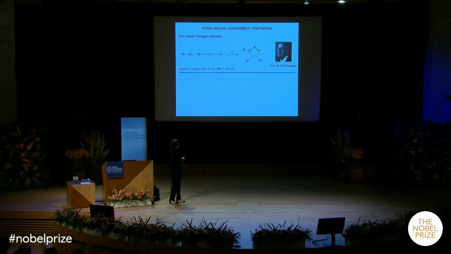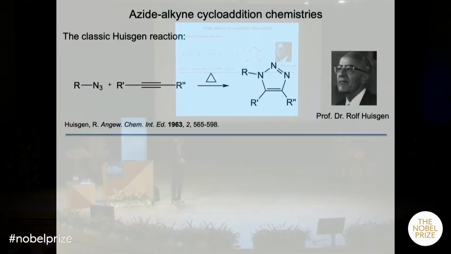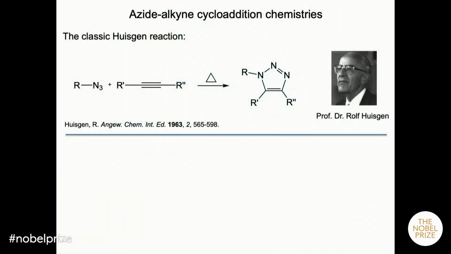Now it turns out that azides can also undergo what we call 1,3-dipolar cycloadditions with alkynes. This is another chemistry that was well established in the previous century. And Professor Rolf Huisgen from the University of Munich was one of the major practitioners of this chemistry, who did a lot of mechanistic work to describe how this reaction proceeds.